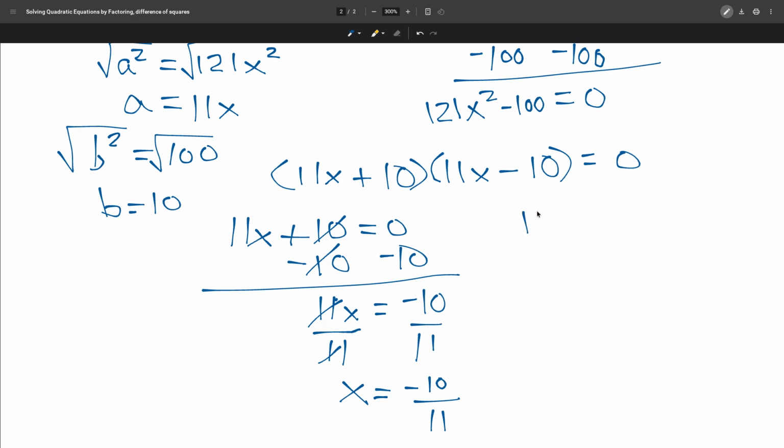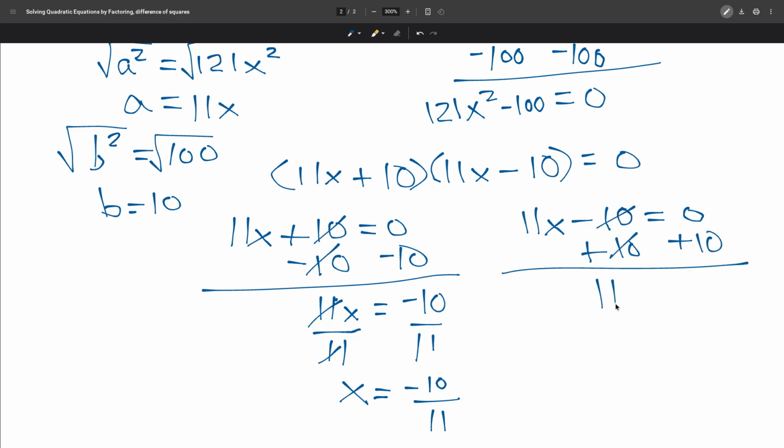For our other solution, we'll say 11x minus 10 equals 0. We're going to add 10 to both sides. 10 minus 10 is 0, so we get 11x equals 10.